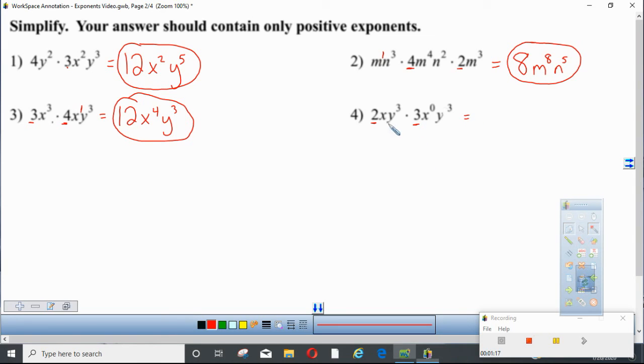Nope. Okay, 2 times 3 would be 6. And once again, if you struggle, then you can put that in a calculator and do that. I already knew that. I forgot.